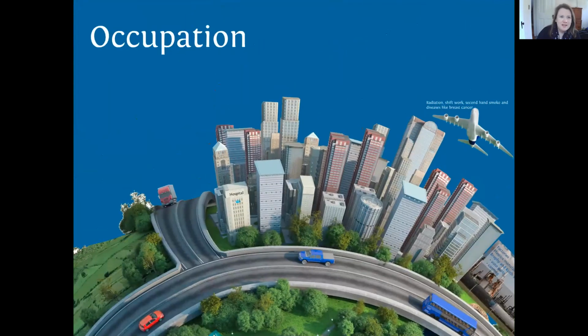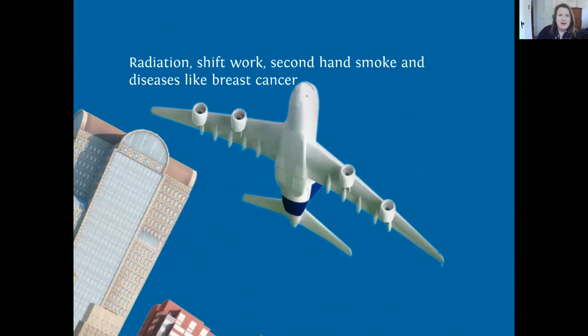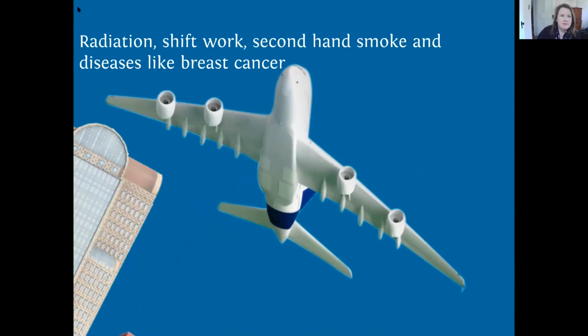So the next letter in our acronym is occupation. There have been a number of studies that have shown that people who work in certain occupations, like pilots or flight attendants and things like that, are exposed to higher levels of radiation.